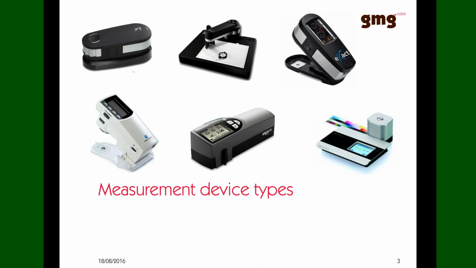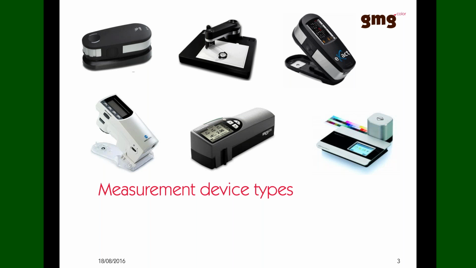And after that, we will talk about new measurement standards, especially the M1 measurement condition. Then we will talk about reliability and repeatability of measuring devices. Then I will talk about some tips and tricks that we have, how to handle the hardware. And close to the end, we will talk about the XRGA standard from X-Rite, as well as which software to use for measuring. So that will be the plan for today.